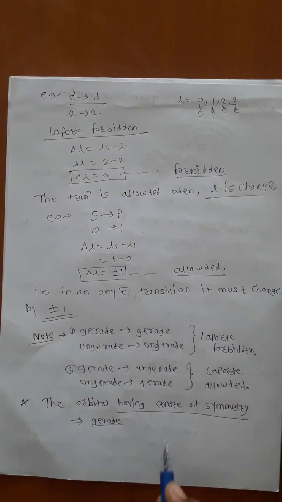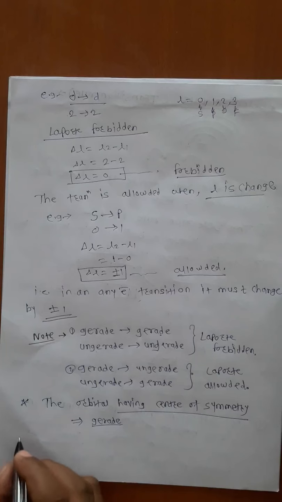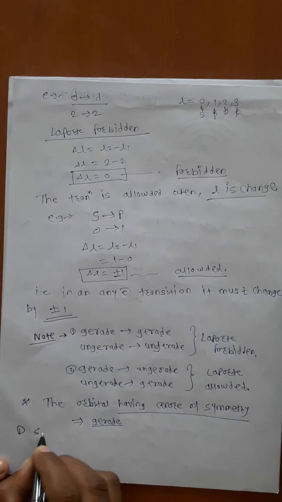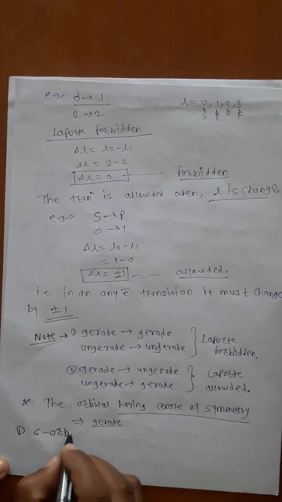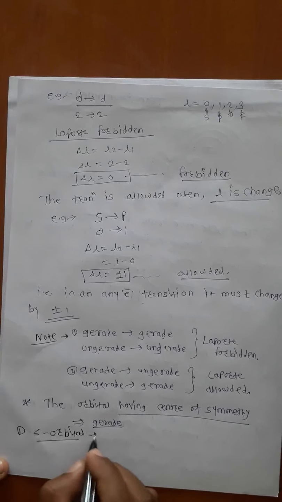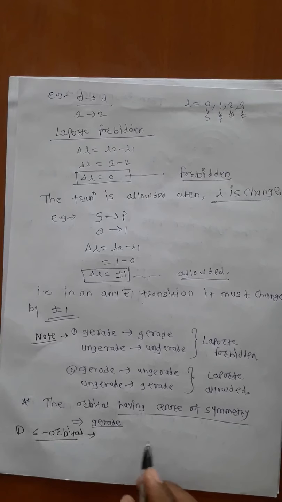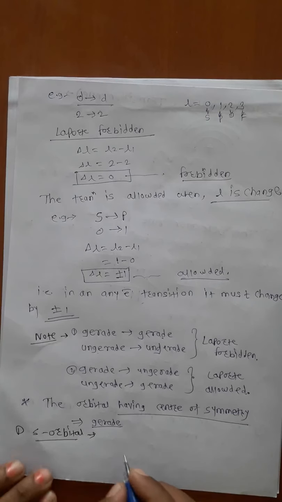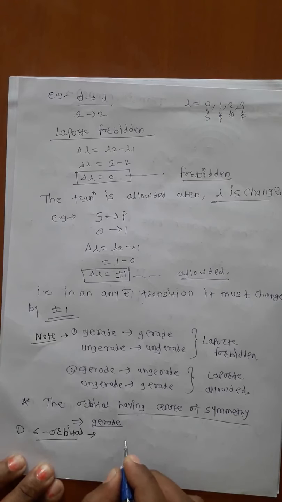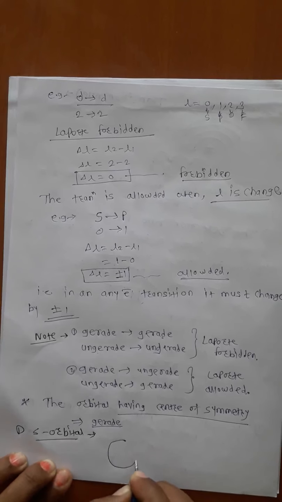Some people may wonder what center of symmetry means. Suppose this is the s orbital, and you know that the shape of the s orbital is spherical.